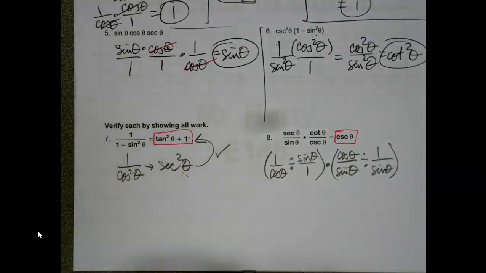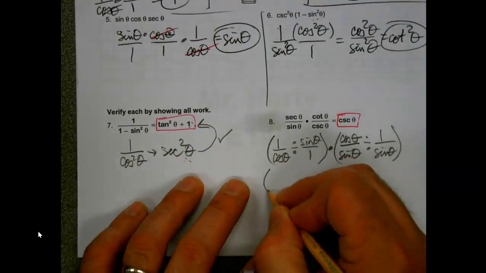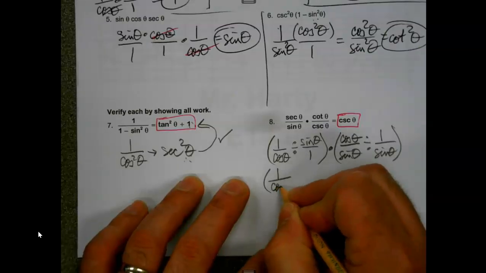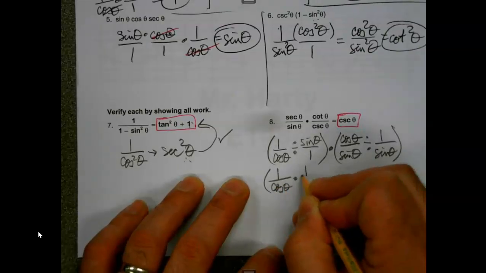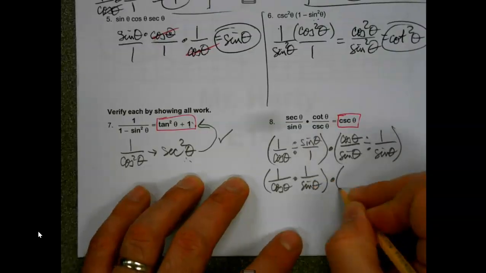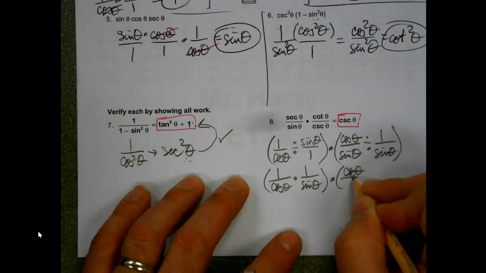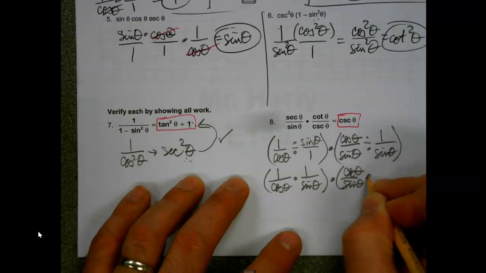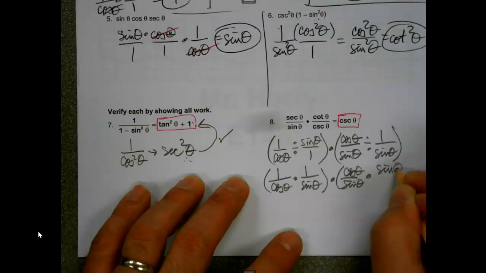All right, let's clean this up and hope a lot of this stuff just goes bye-bye. So 1 over cosine times 1 over sine, cosine over sine times sine over 1.